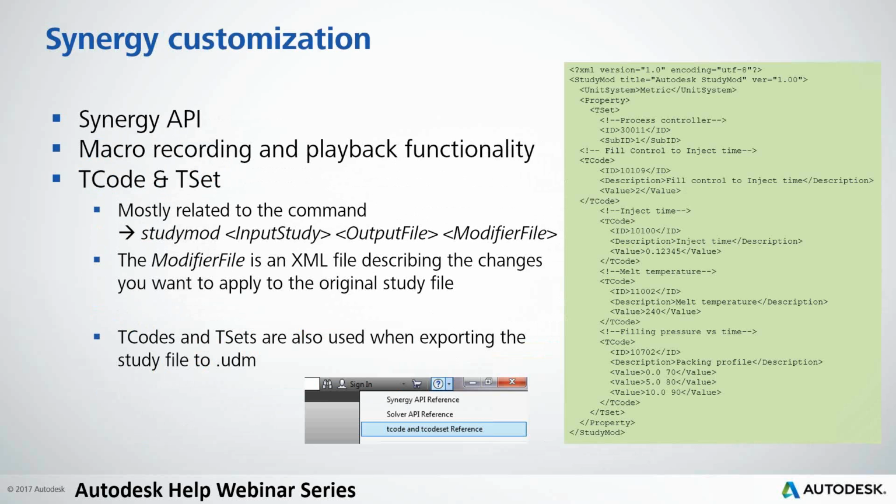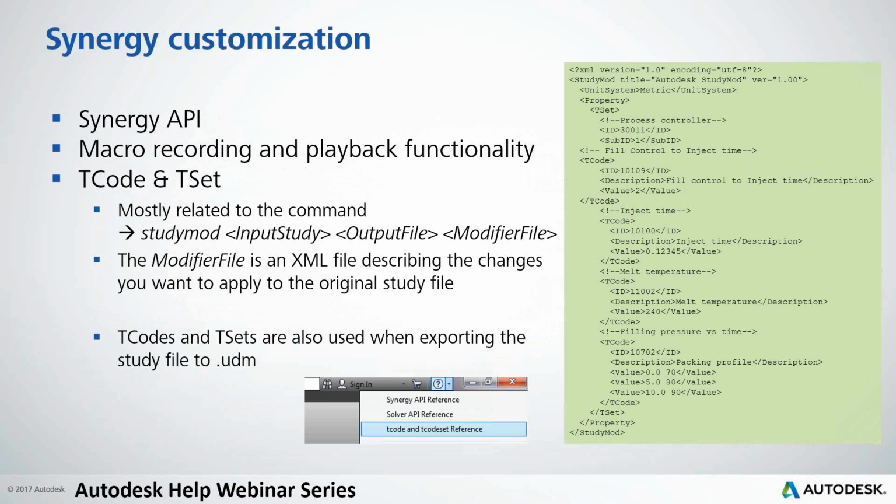These T codes and T sets could also be found when we export a study file to a UDM file. This UDM file is an ASCII file, so we could open it with a text editor. We could have a look inside at what we defined, and we could also learn what are the T codes that we defined.